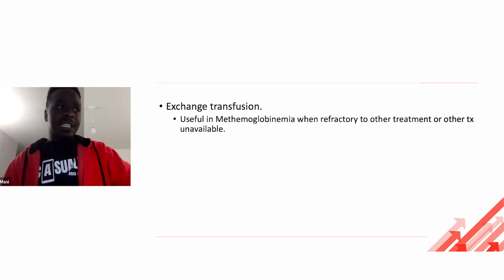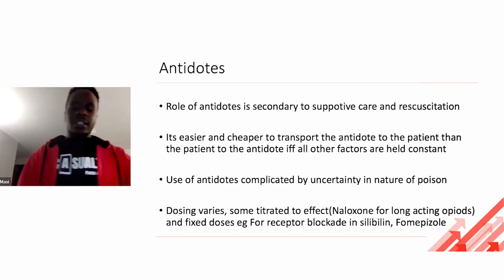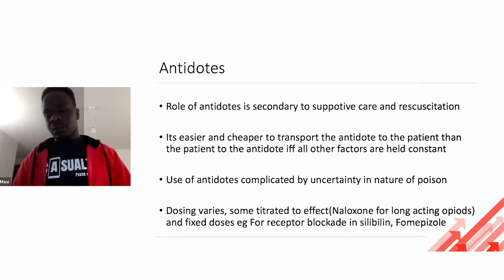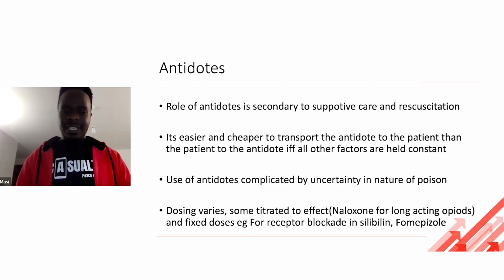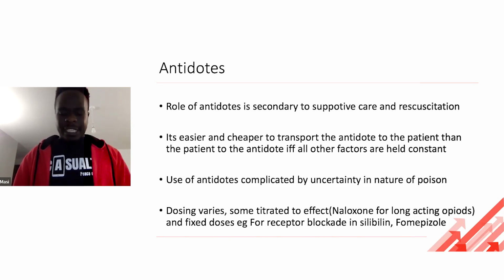Now, exchange transfusion, as I mentioned earlier, is very specific for methemoglobinemia, but this can be done in probably critical care setups. Now, the reason why I'm mentioning all this is so that you need to know. So say you are somewhere in northeastern Kenya or in Lamu, and you have a patient.